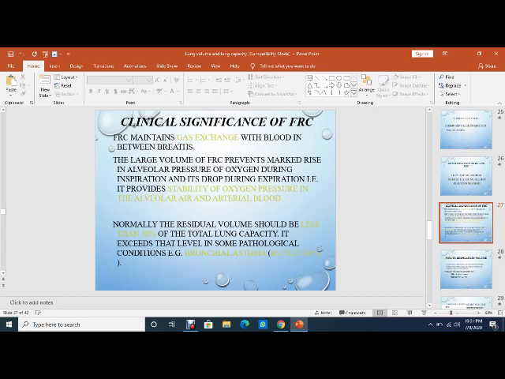In between breaths, the large volume prevents a marked rise in alveolar pressure. Normally, the residual volume should be less than 30% of total lung capacity. It exceeds that level in some pathological conditions, for example bronchial asthma, in which total lung capacity exceeds normal.